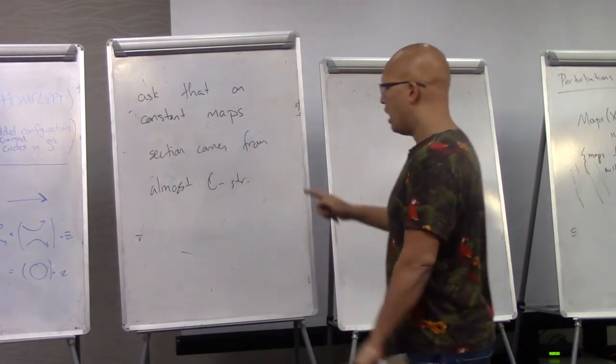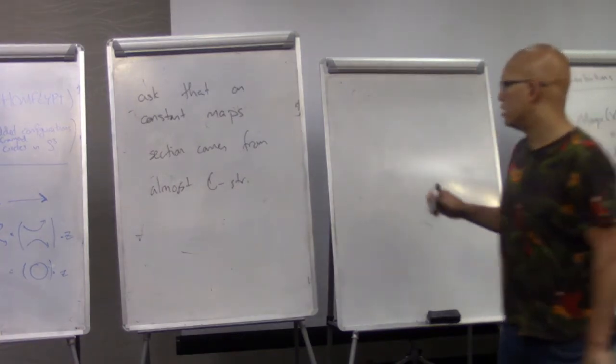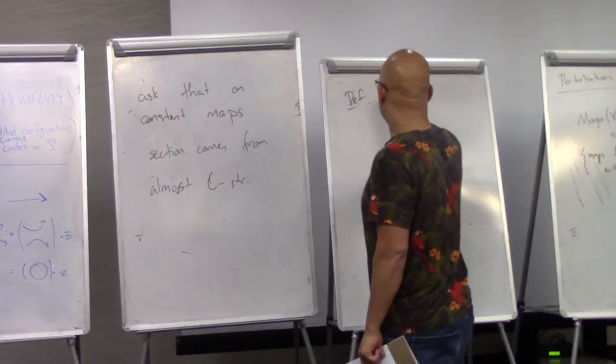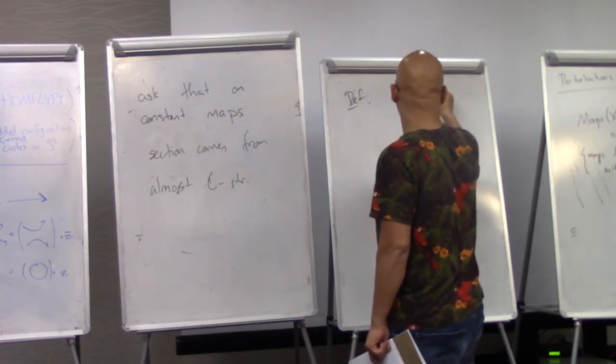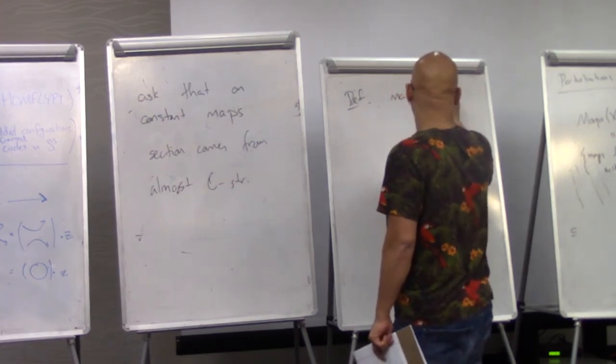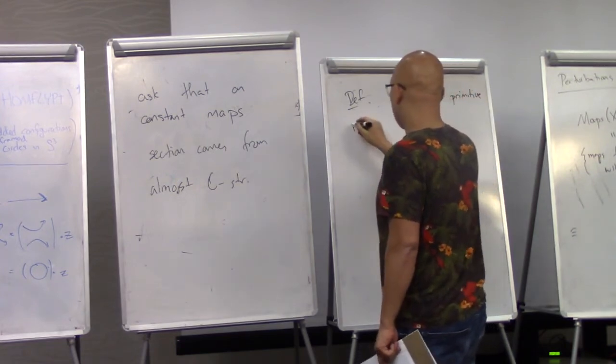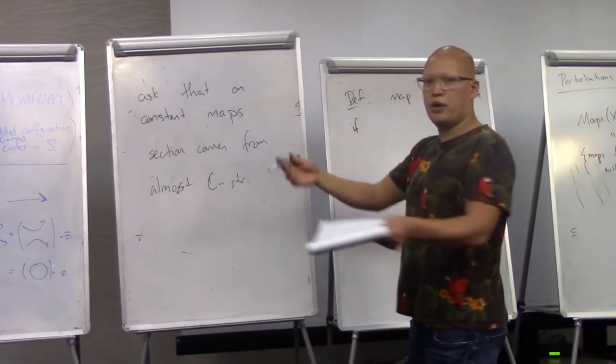Okay, so I want to explain this word primitive from before. I said I was going to count primitive maps, and the definition is that a map is primitive if it collapses no components.